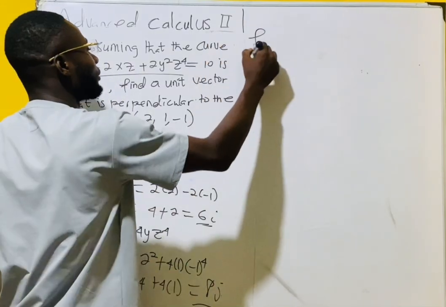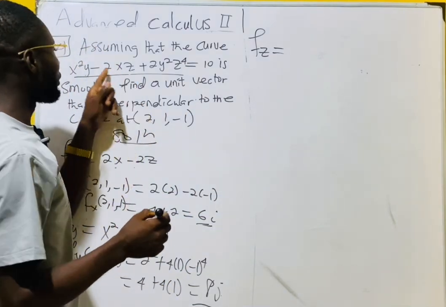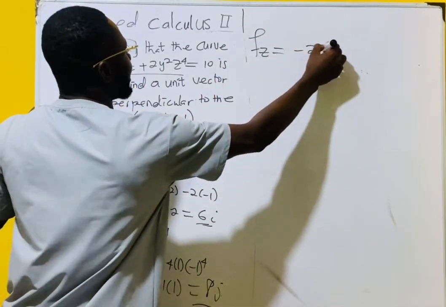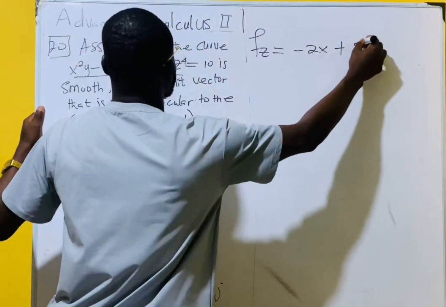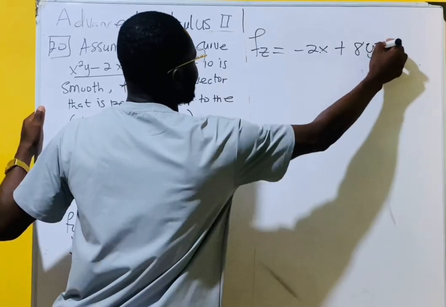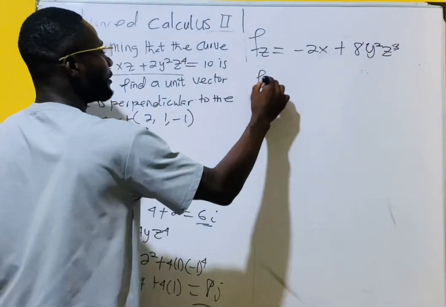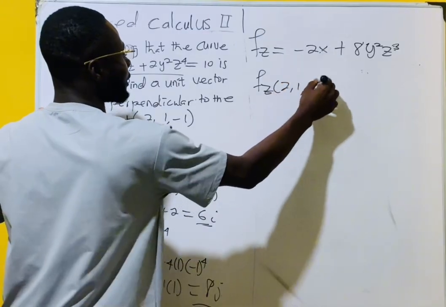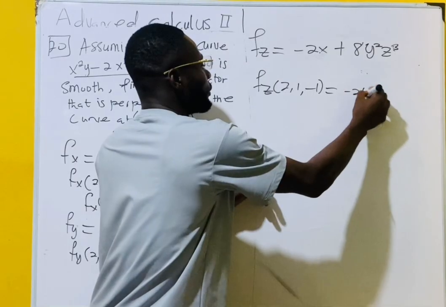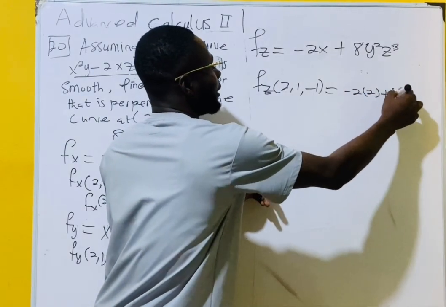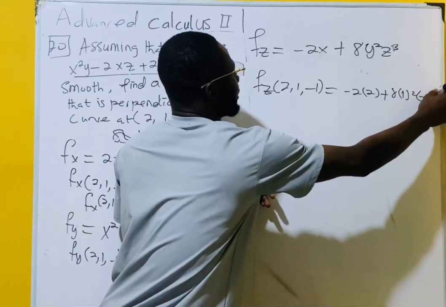Now the third component, we're going to have fz, differentiating with respect to z. So we're going to have minus 2x plus 8y squared z cubed. So fz at the point (2, 1, -1) will be equal to negative 2 into 2 plus 8 into 1 squared into negative 1 cubed.